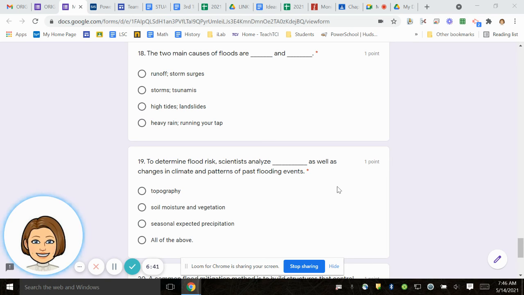Number 18. The two main causes of floods are blank and blank. Runoff, storm surges, storms, tsunamis, high tides, landslides, heavy rain, running your tap.